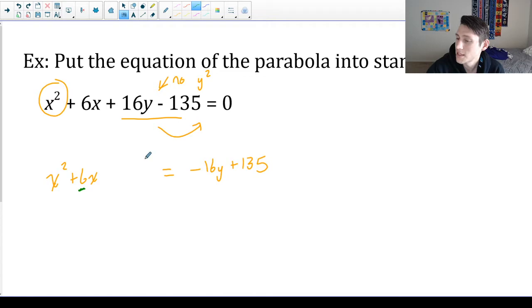So I'm going to look at 6. 6 over 2 is 3. 3 squared is 9. Have to do the same thing on the other side. So add 9. There's no coefficient to multiply it by. I didn't have to factor out anything from the coefficient of x. So plus 9 on both sides.